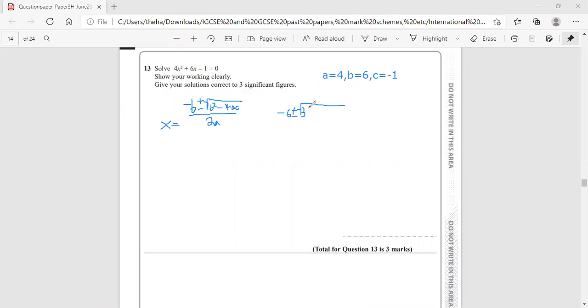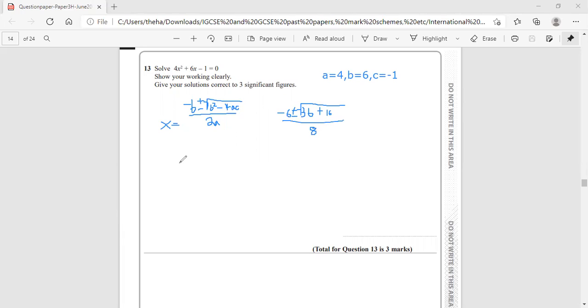Then we've got minus 4ac. So 4ac is 4 times 4, 16, times minus 1, so we've got minus 16, which gives us plus 16. Hope you're following along. Then we divide that by 2a, which is 8.